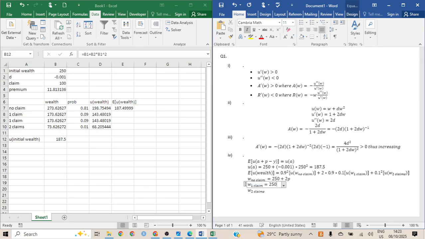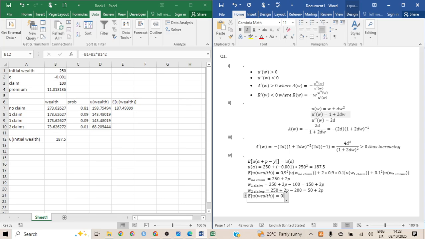Here it will be 250 plus 2p minus 1 claim, which is 150 plus 2p. And then when we have 2 claims, it will be 250 plus 2p minus 200, which will be 50 plus 2p.